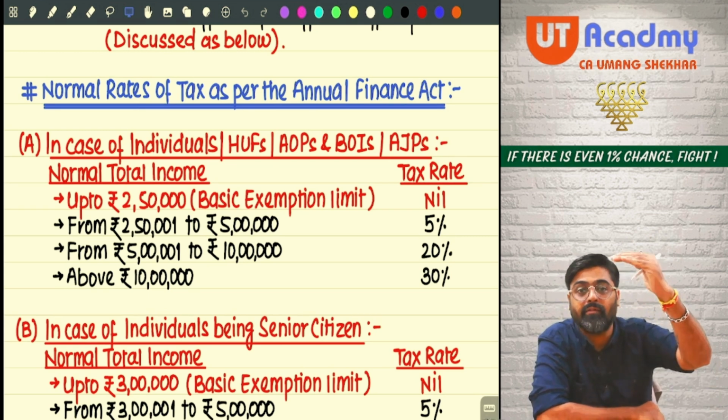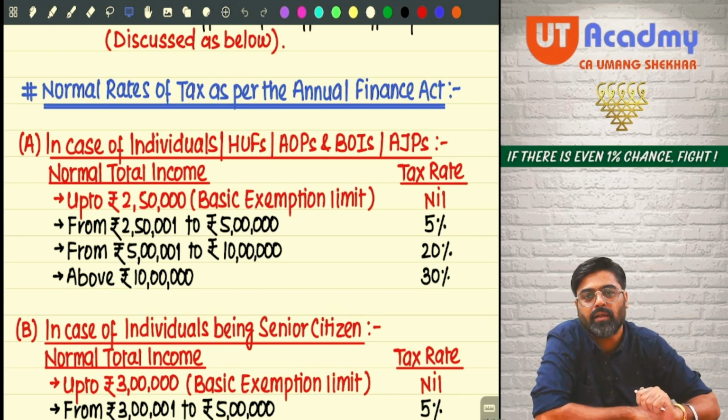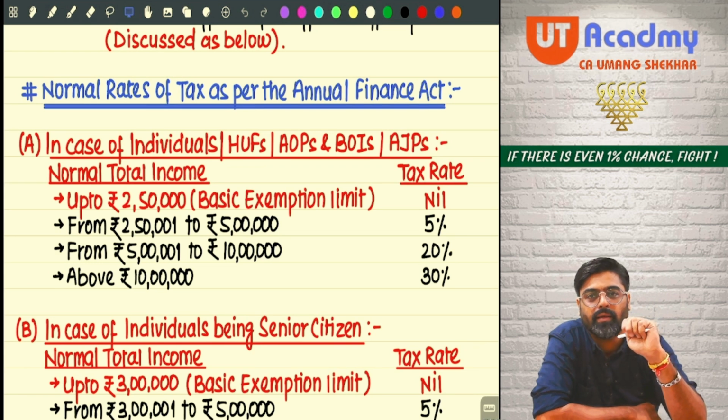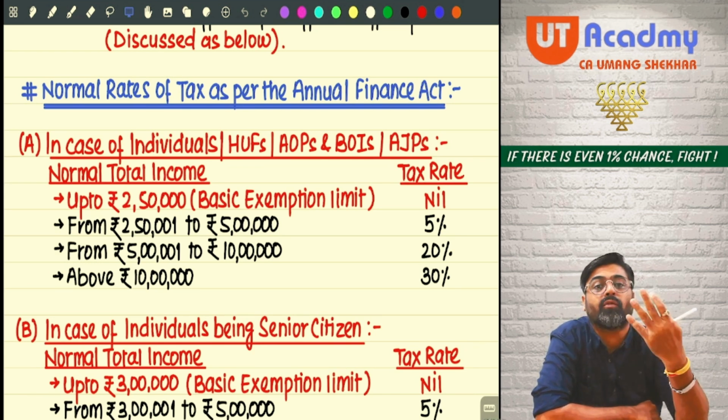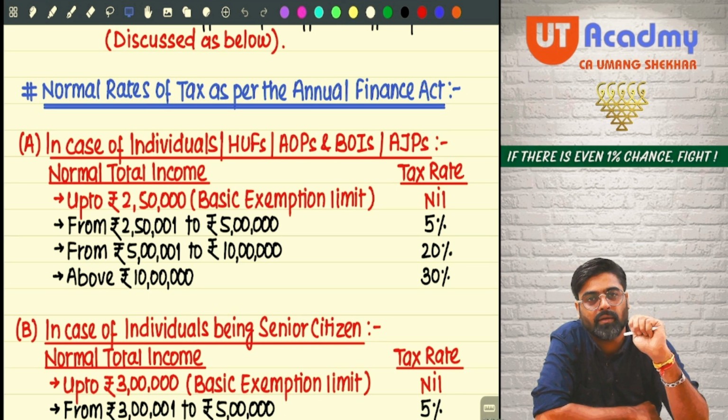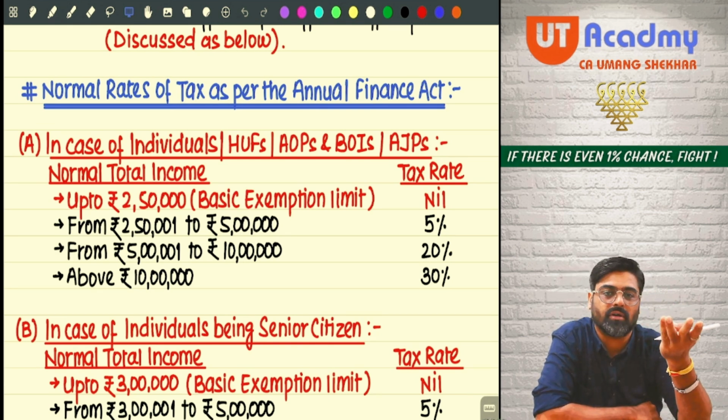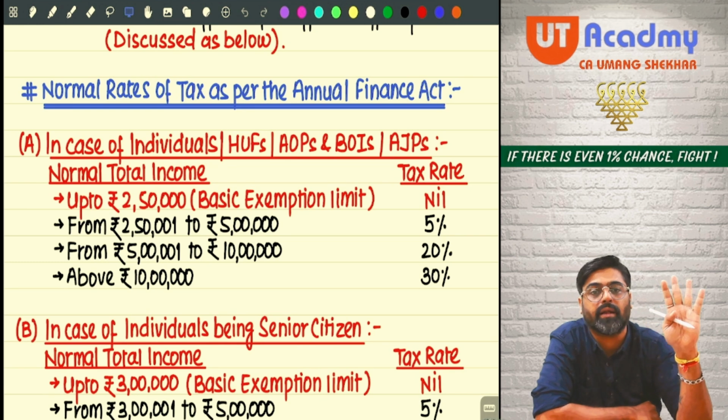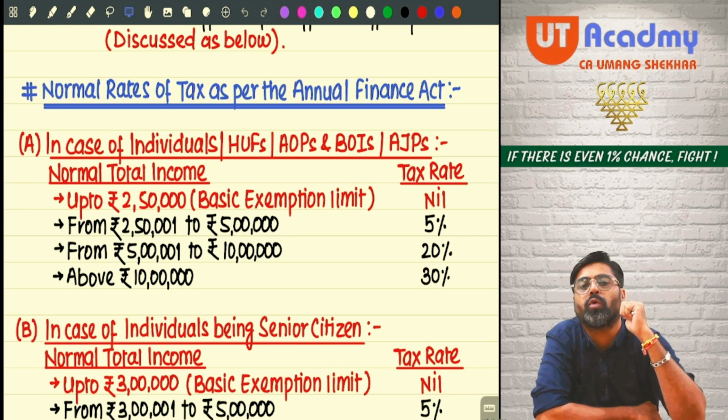And the rates are given in slabs. Can you see? First slab is given 2,50,000. Then after 2,50,000 till 5,00,000, second slab is given 5%. Then 5 lakhs to 10 lakhs, third slab is given 20%. Then whatever income is above 10 lakhs will be taxable at the rate of 30%, that is given in your fourth slab.